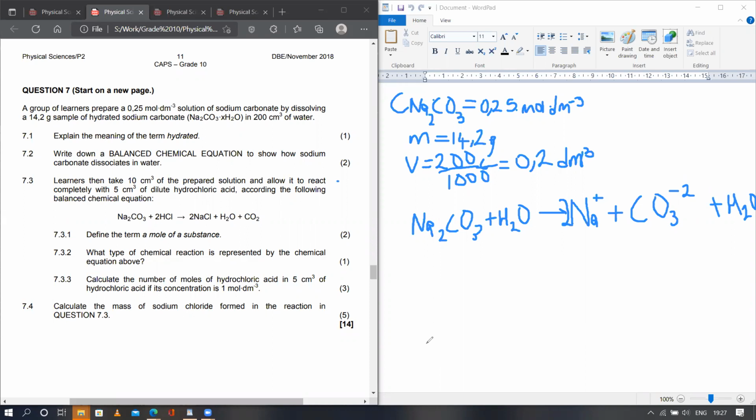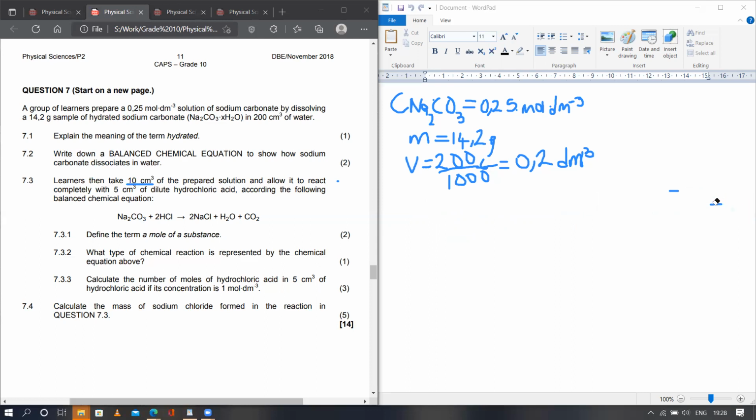And then now they say the learners then take 10 cubic centimeters. Let me just erase this. So now we have our additional units.